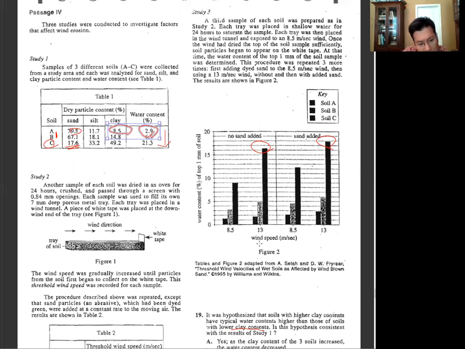Hold on a second. Wind speed based on dry particle contents. It can be this and this as well. So then we have to think about what wind speed is given to us.